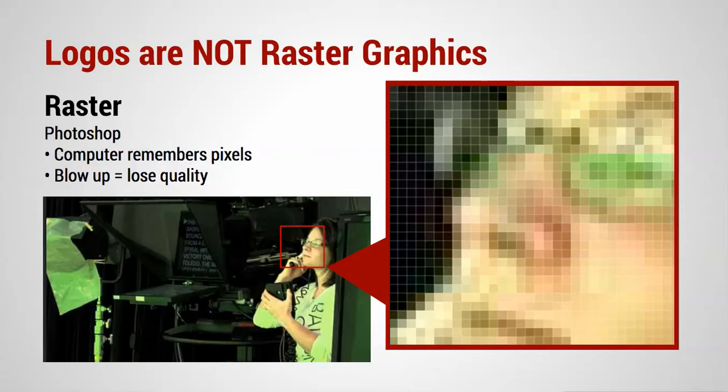And so you'll see that this picture is made up of just all these colored squares. And when you save a raster image, the computer just remembers how many of these pixels or squares there are, what order they're in, and what color they are. What's interesting about this is you can get lifelike images with pixels.